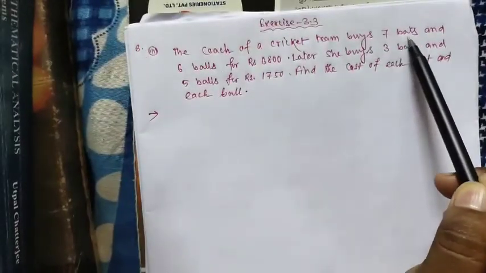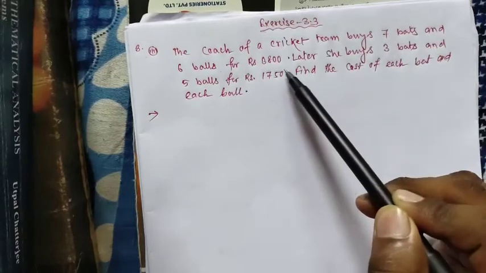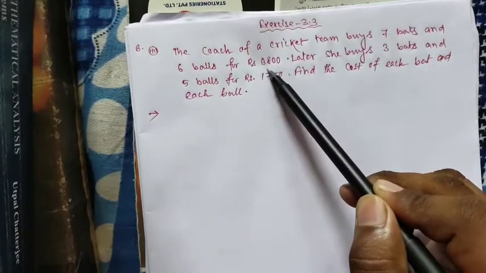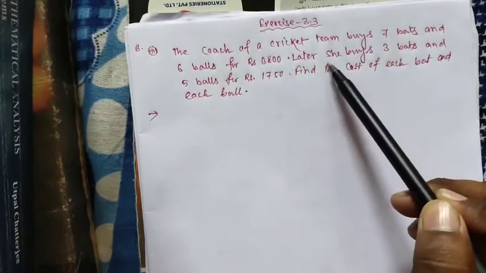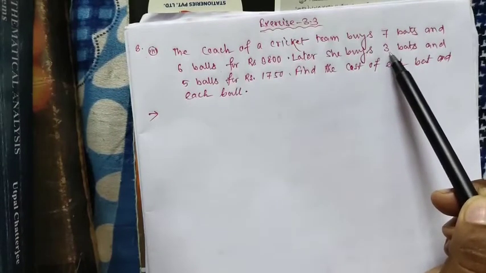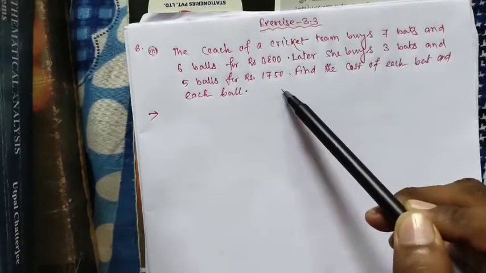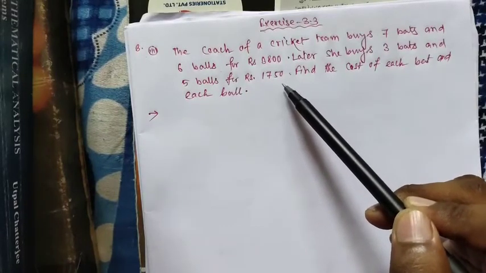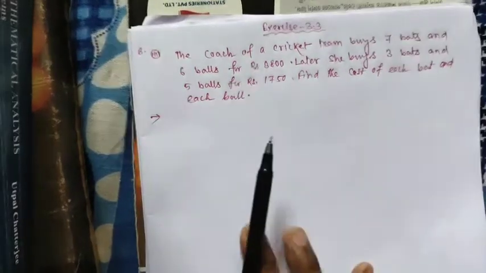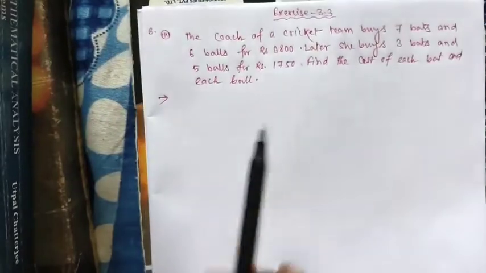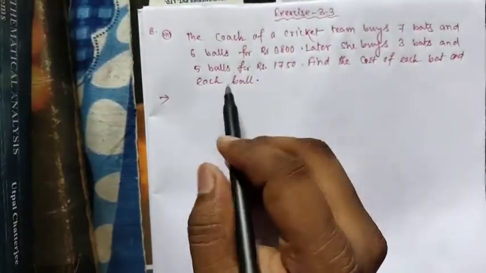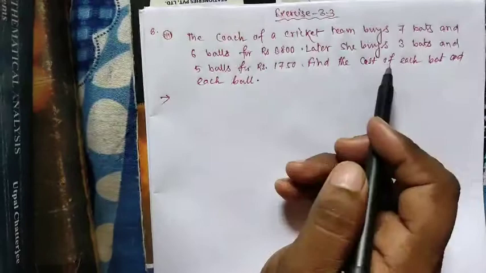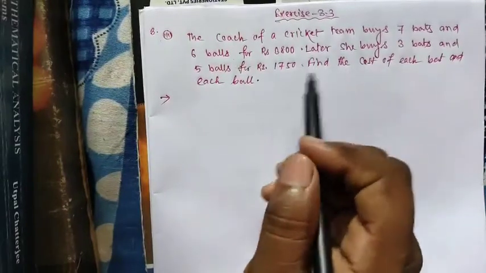The first statement is the cost of 7 bats and 6 balls together is 3800, and in the second part the cost of 3 bats and 5 balls together is 1750. So first you have to make the linear equations. Okay, so you have to find the value of each bat and each ball.